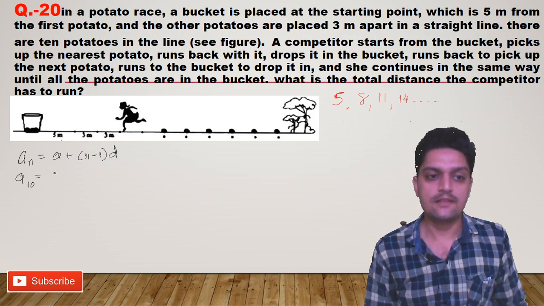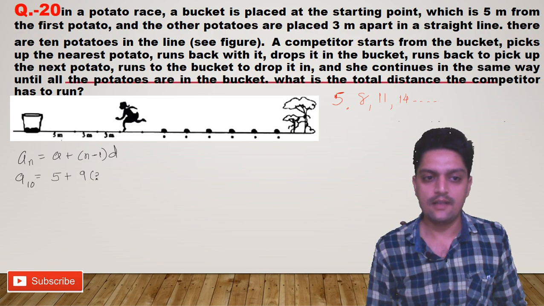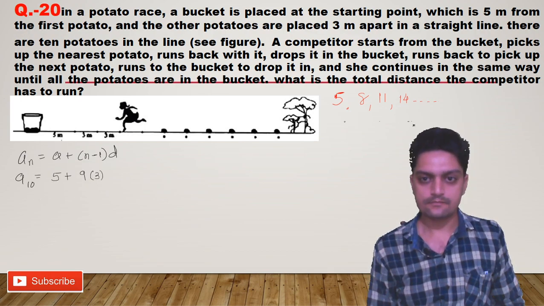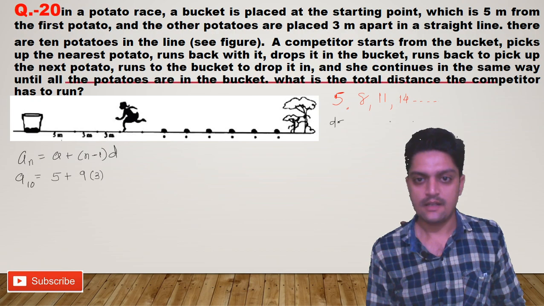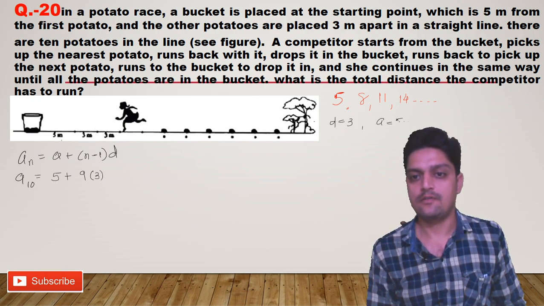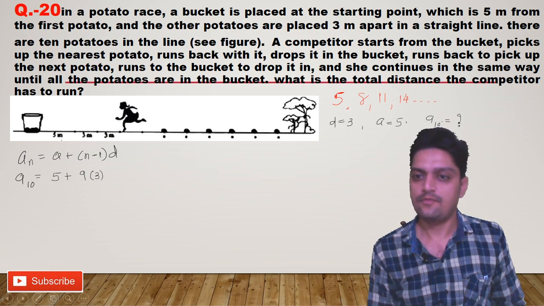So a10 is equal to a. And a is what? 5. So I will write 5 plus 9 into d. And d is what? 3. Here you have to write all the data: a is equal to 5, d is equal to 3, and a10 we have to find.